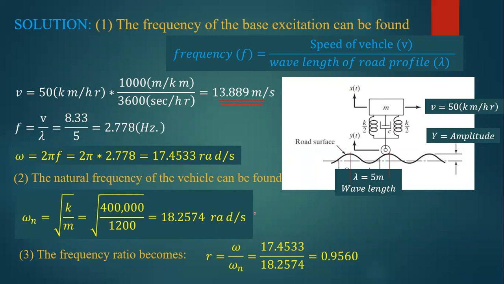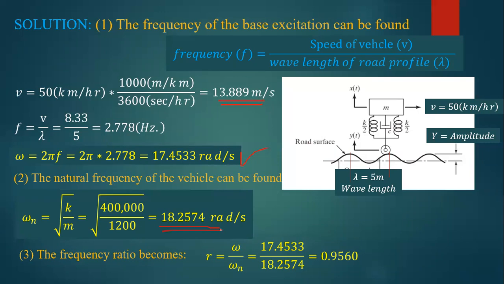Just observing the two values, the operating frequency and the natural frequency of the system, they are near to each other: 17.45 and 18.25, very near to each other.